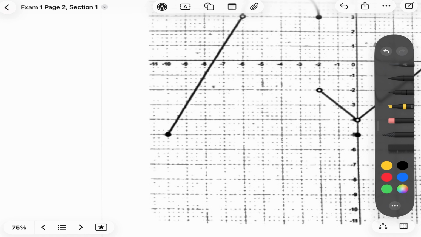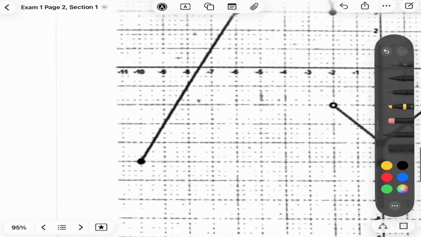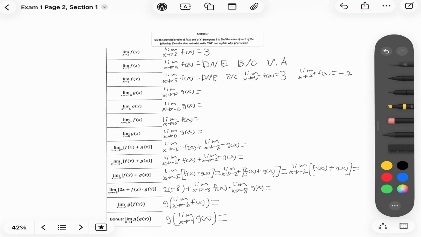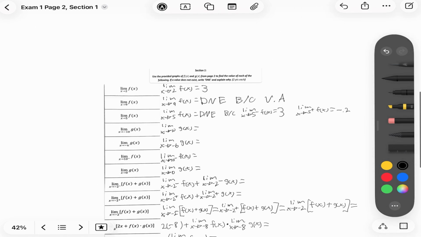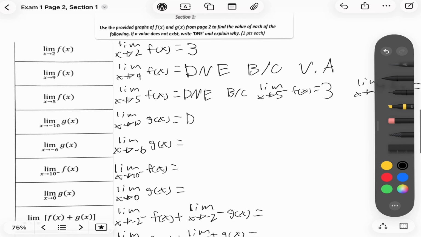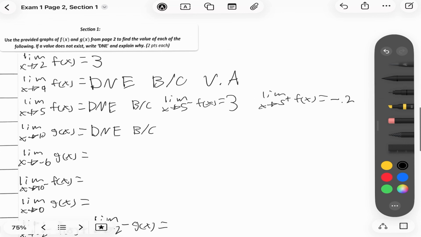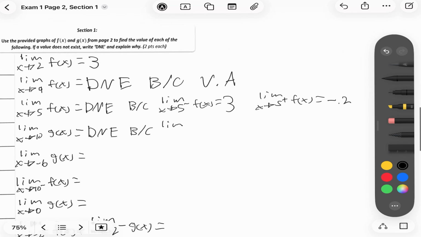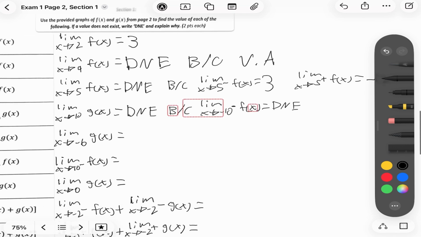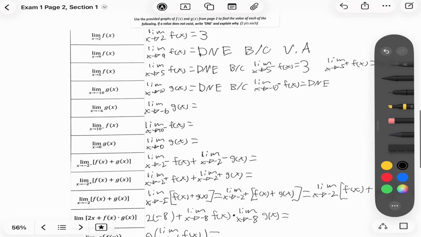But because we have nothing approaching from the left side, we will have an answer of does not exist, or DNE. And for this, we say because limit x approaching negative 10 from the left side of our g of x graph does not exist, because there's nothing approaching from the left side.